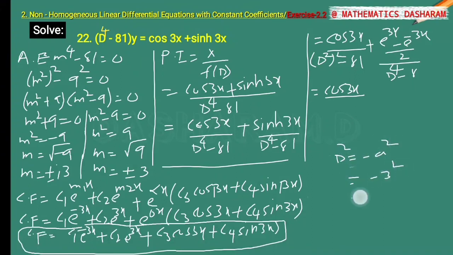So plus 1 by 2 bracket of e to the power of 3x minus e to the power of minus 3x divided by D to the power of 4 minus 81.